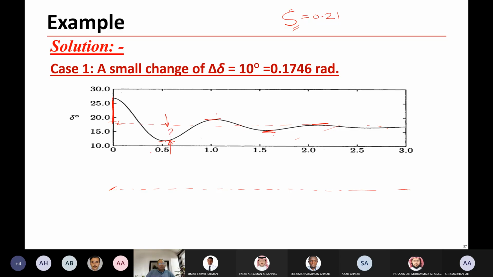If you want to calculate this, you know the initial value, and if you substitute back after getting this time, you can get the undershoot or overshoot and so on. But this will not give you any important information that you can build on in the procedure.